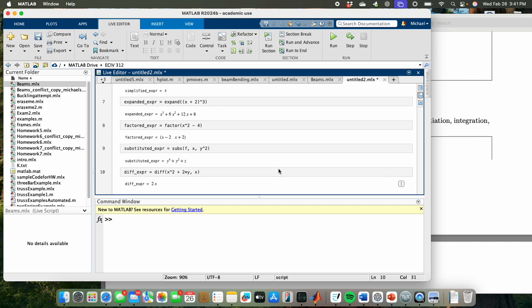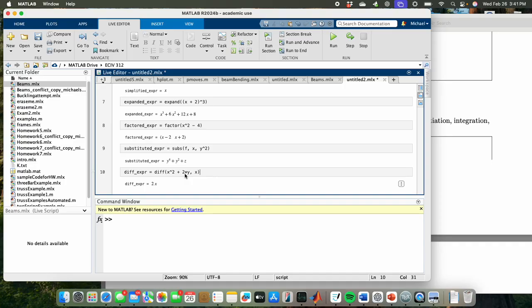If you use diff on a vector, find the distance in between them. So it's the same command, but somewhere in diff there's got to be a check for which one you are going to do, right? In this case, I give it a symbolic expression, and it returns the derivative of it. 2y is a constant, so that's 0, and the only thing that gets returned is 2x. Yes, Gavin?